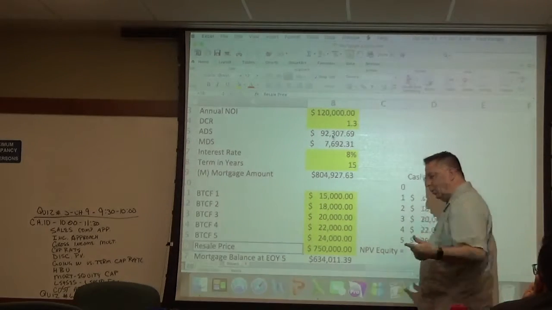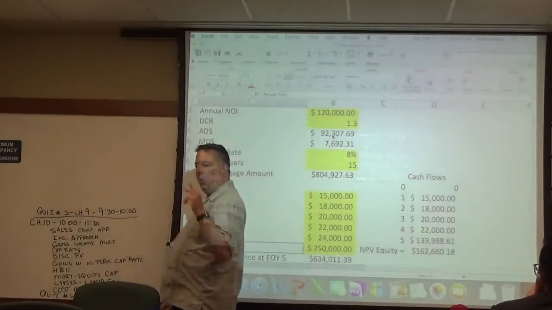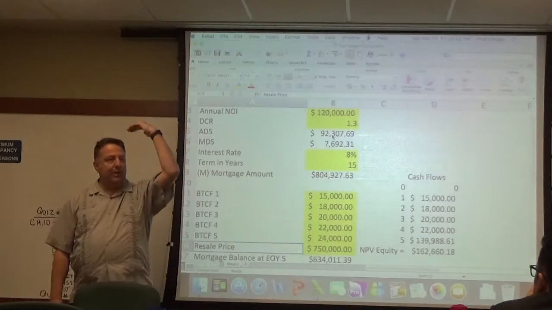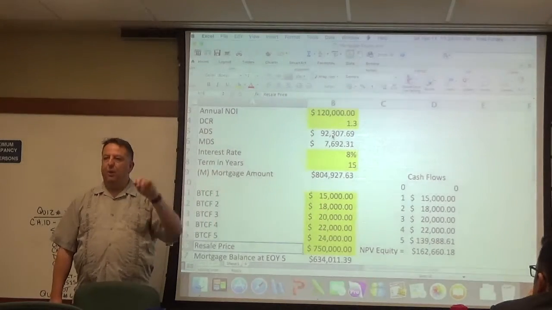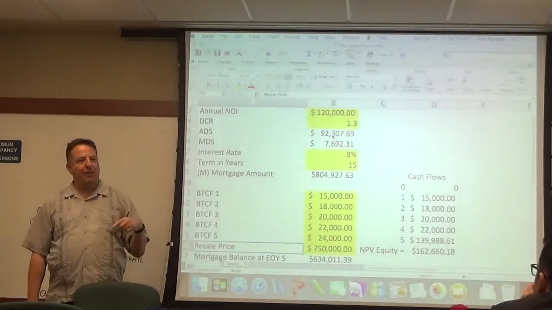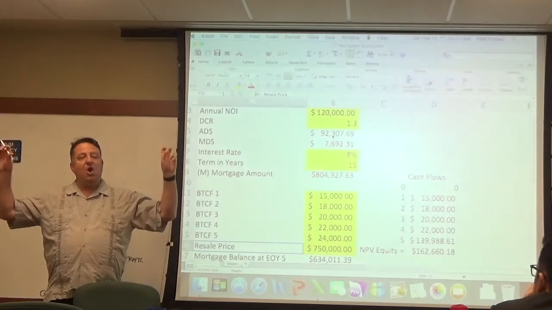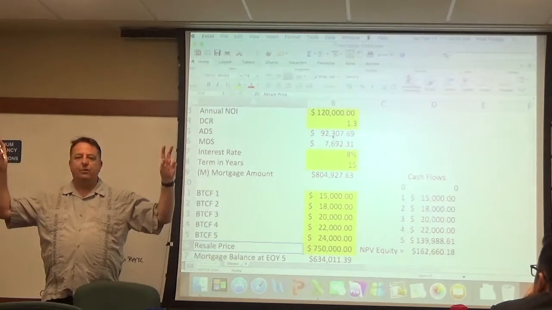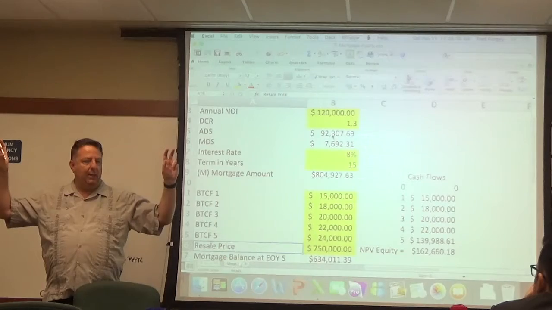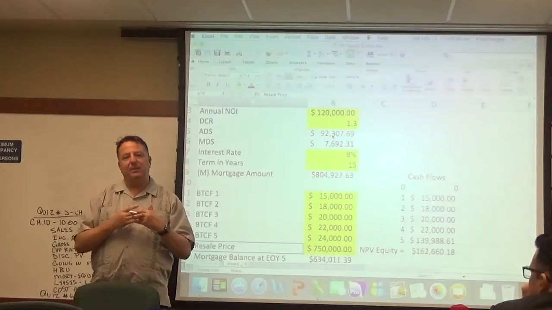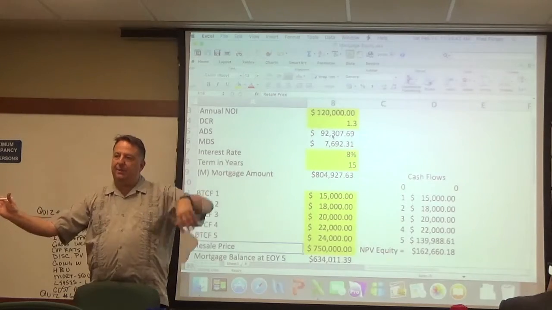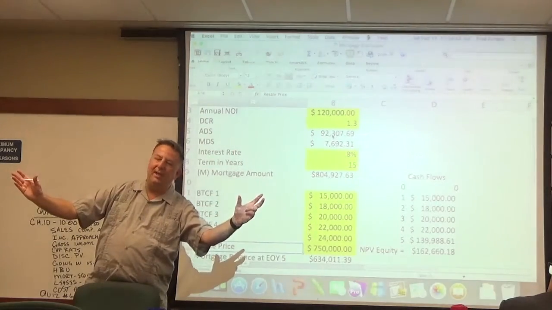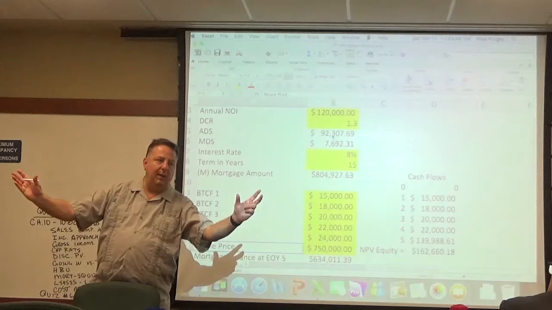Okay. With the cap rate, what is your base assumption? You're taking income divided by cap rate gives us value, yes? Well, the base assumption with that is that it's an all cash deal. There's no debt, okay? So therefore, it doesn't properly value the debt piece separate from the equity piece, okay?